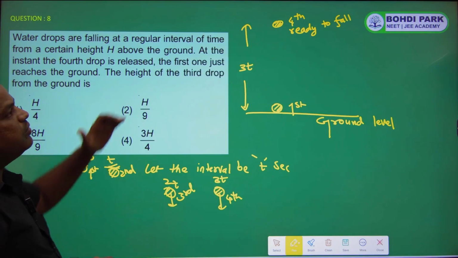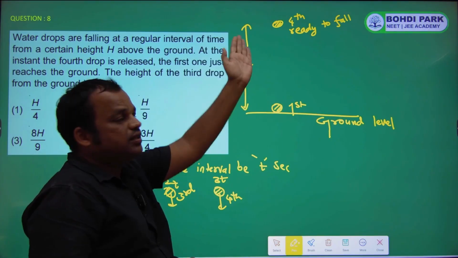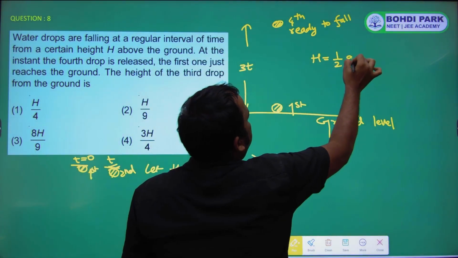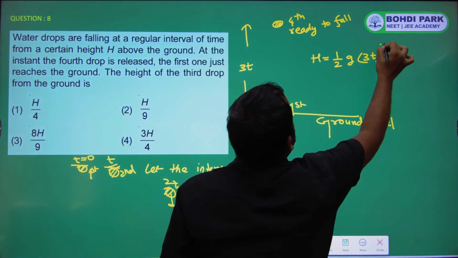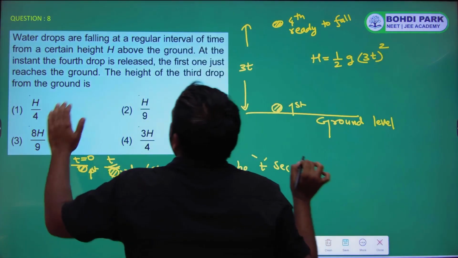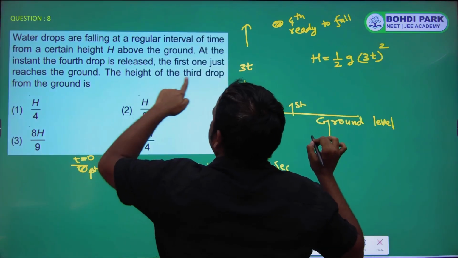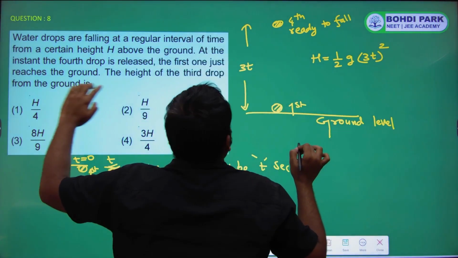So the time taken by the first drop is 3t. So we can use the formula h is equal to half g into 3t whole square, and h is given. We have to find the height of the third drop from the ground.